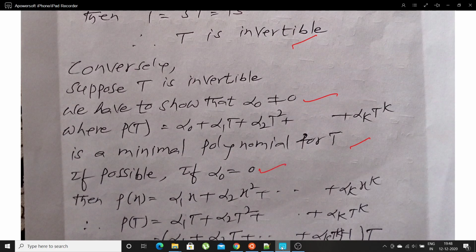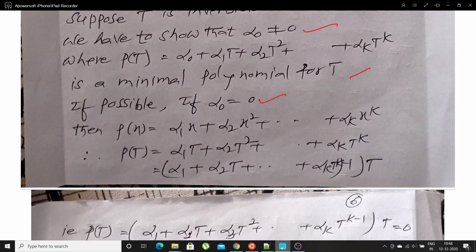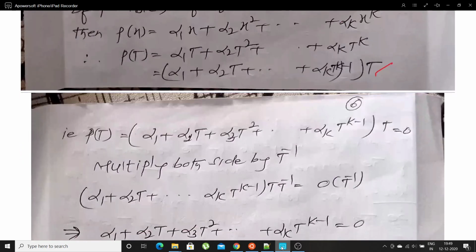If alpha naught equal to 0, then the polynomial can be written as what? P of x is equal to alpha 1 x, alpha 2 x squared up to alpha k x to the power k. Since we want p of t, that means we have to replace x by t. And after replacing x by t and taking t common, we get this step. Okay.